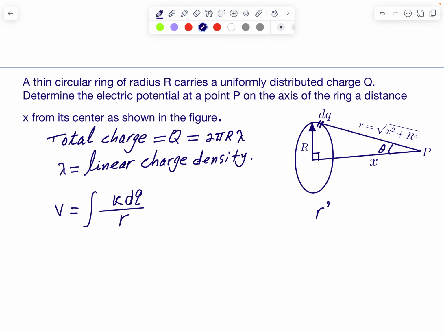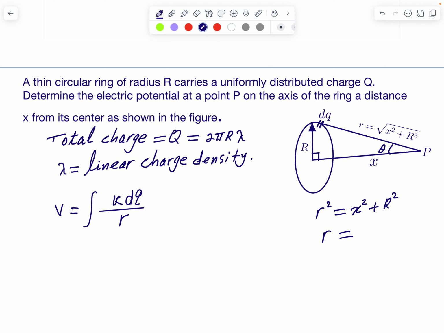And we know that r squared equals x squared plus R squared. So x is constant, not changing, from the center to the point. And capital R, which is the radius of the ring, is also constant.